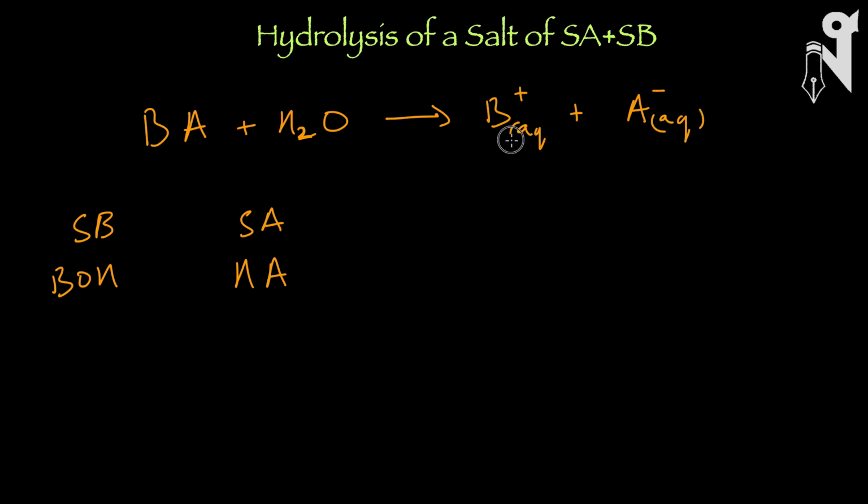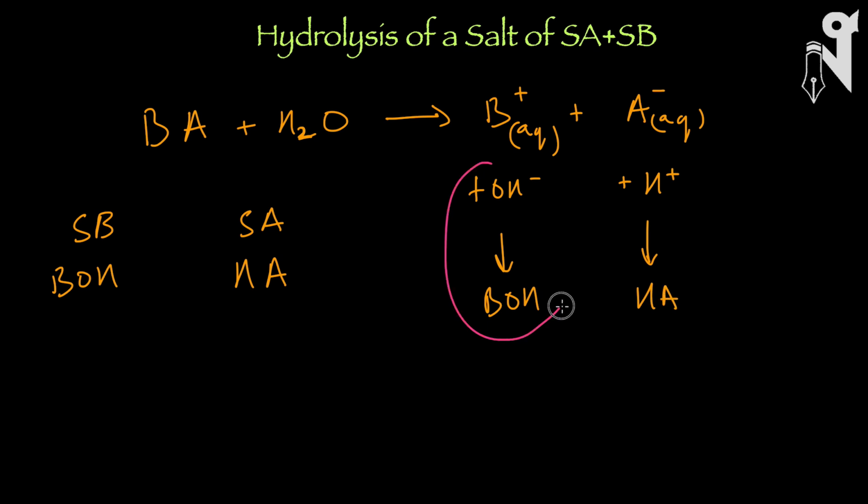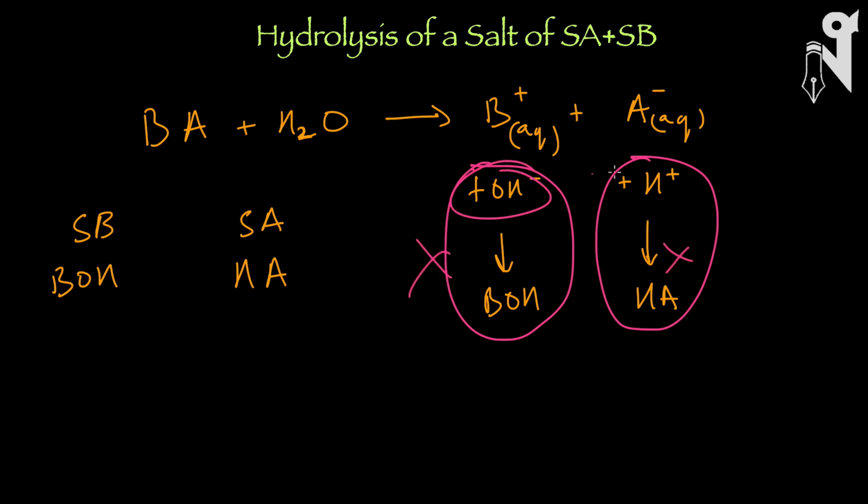And these two are least interested in attacking the OH minus which is present in water or the H plus which is present in water. They are least interested in attacking and forming BOH or HA. This part doesn't happen. So whatever OH minus was in the solution and H plus was in the solution, they remain as they are, and hence the pH of the solution, if it was at 25 degrees Celsius, remains 7.